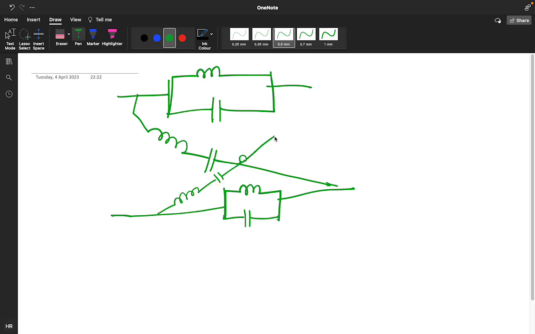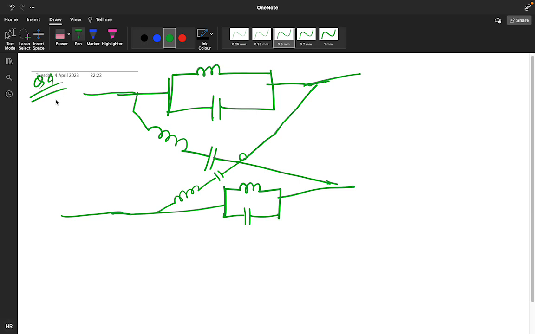It's crossover. Okay, so let me solve this. So now for this question, you have to comment: this is my Vi of s, and this is my V naught of s. So you have to comment whether it will be a low pass filter or high pass filter.